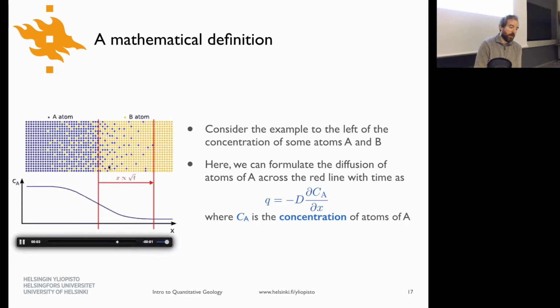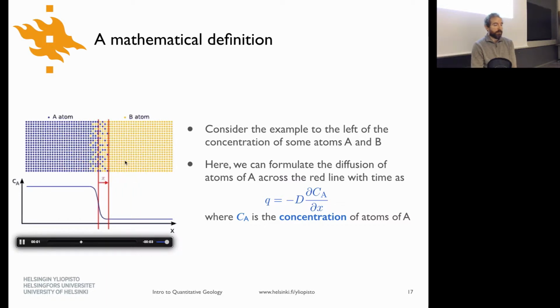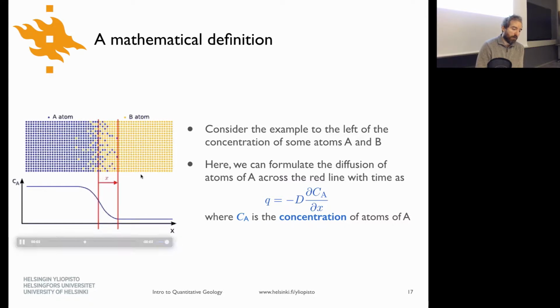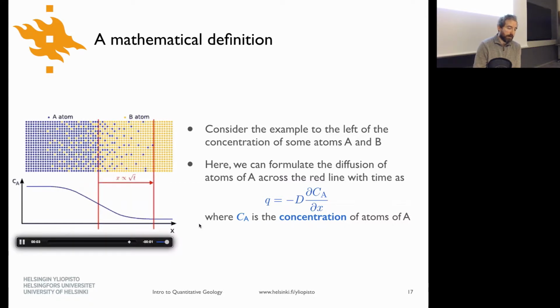And what we can see is that the concentration of atoms of A is moving off to the right in the example that we have here, where we follow that red line. And if we stay in the middle, what you're seeing is that the concentration of atoms of A is decreasing. Well, it's basically exactly 0 in the middle, but it's decreasing on the left side over time following this transport that we expect for a diffusion type process.